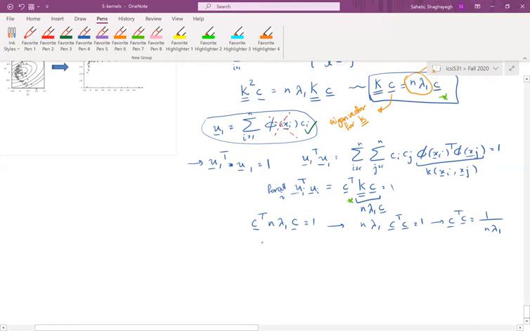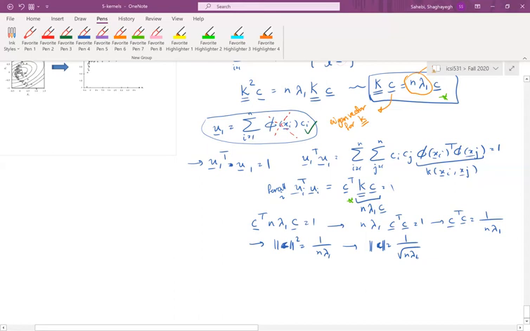As a result, the norm squared of my vector C is 1 over n lambda 1, so the length of my vector C is equal to 1 over square root of n lambda 1.